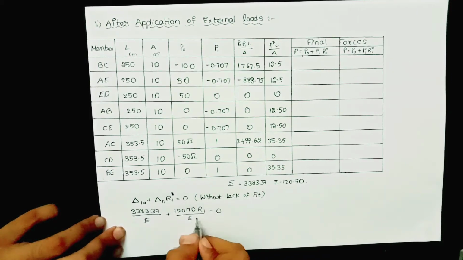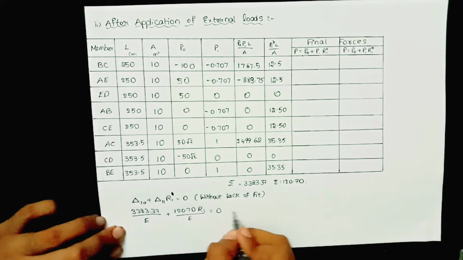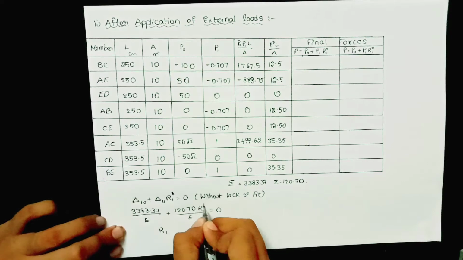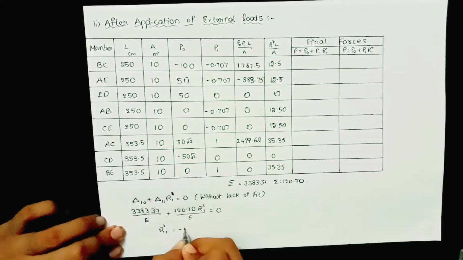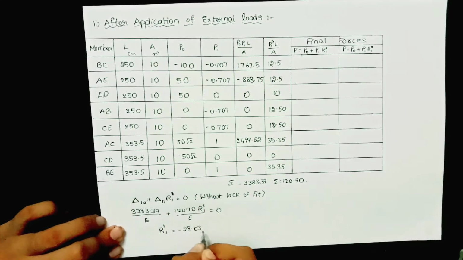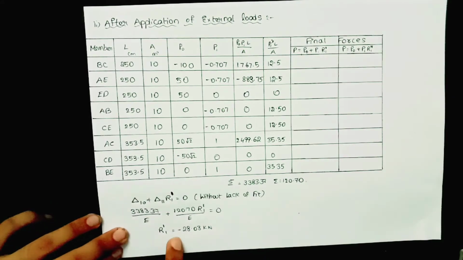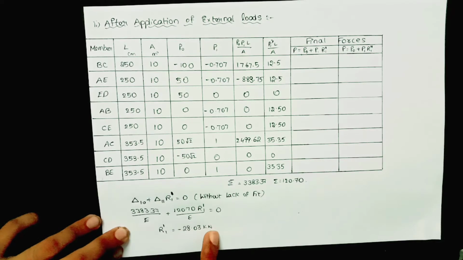So I am taking 1 by E common, it will be finally equal to 0. Now on solving this I got r1 dash as minus 28.03 kilonewton. So r1 dash is minus 28.03 kilonewton.